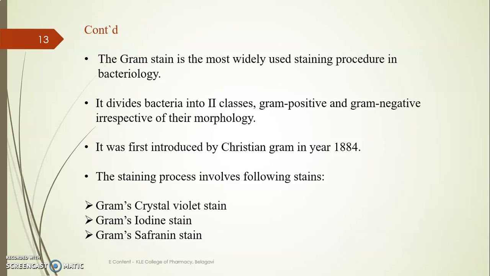After 1 to 2 minutes, the slide is washed under tap water to remove the excess stain. The washed slide is treated with a few drops of Gram's iodine and left for 1 to 2 minutes, and thereafter washed with tap water. For decolorization, the slide is treated with 95% ethanol or acetone. Safranin is added to the slide for 1 to 2 minutes. Just wait, and the smear is mounted with glycerin and observed under the microscope.